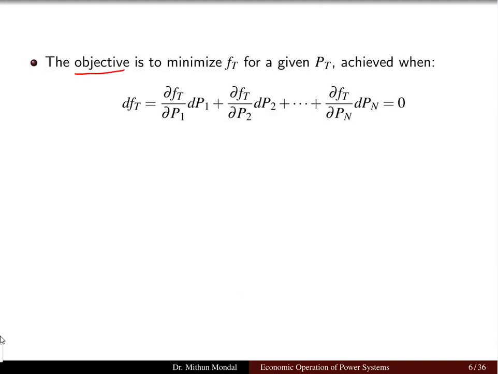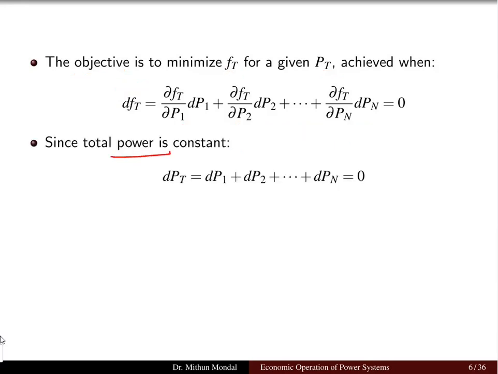The objective is to minimize the total cost with respect to power. So we find the differentiation of the total cost with respect to power, taking the differentiation of each plant with respect to P1, P2, Pn and so on. Since the total power is constant, the differentiation of the total power will be equal to 0, because the differentiation of a constant is 0.